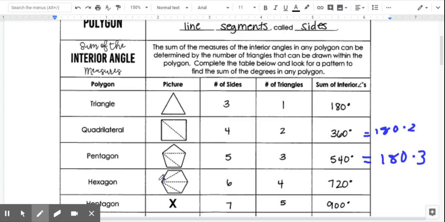A hexagon has 6 sides. Again, if you start at one corner and draw lines to opposite corners like that, with 6 sides, you can make 1, 2, 3, 4 triangles out of that. The sum of the interior angles is 180 times 4 because we can make 4 triangles.